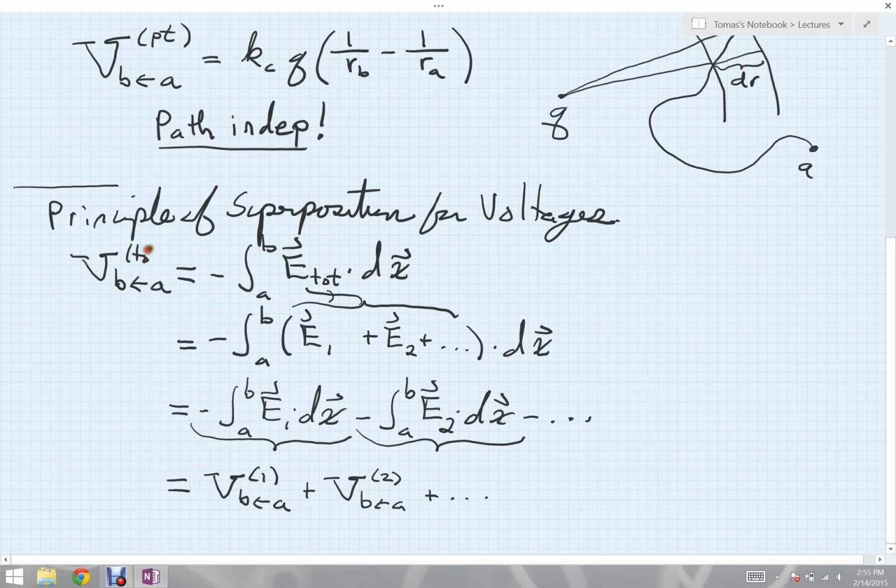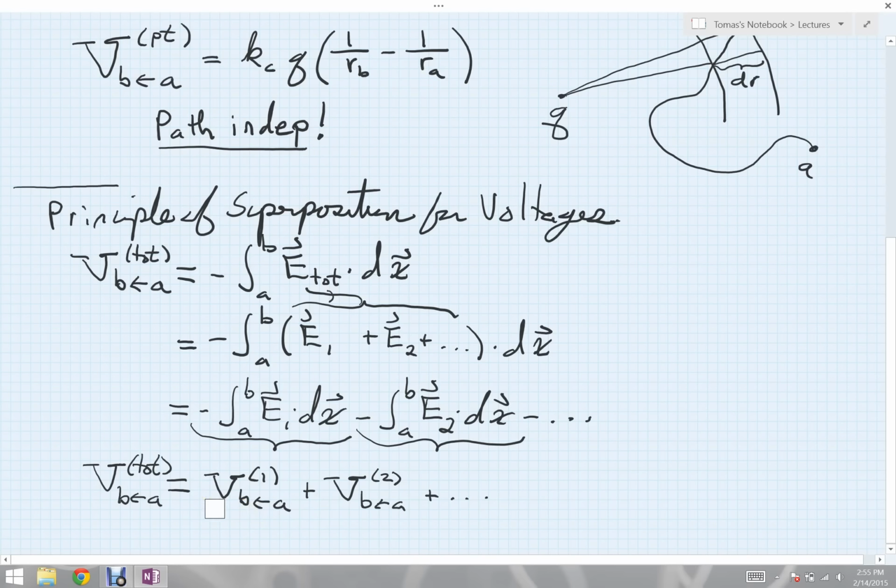I'll call it V tot. And so V tot, the potential associated with the total field in going to B from A, is nothing other than the sum of the potentials for each of the contributing fields in going from A to B.